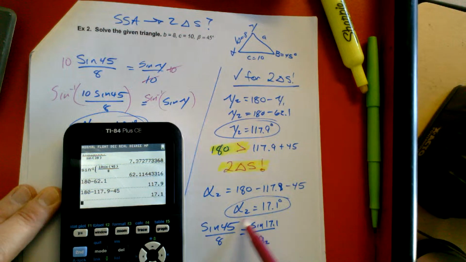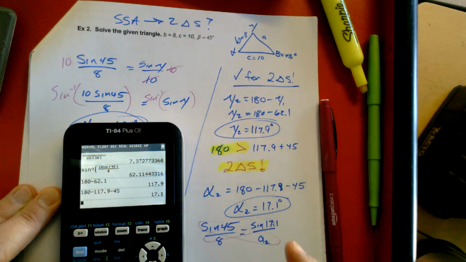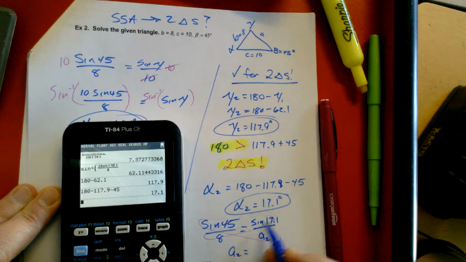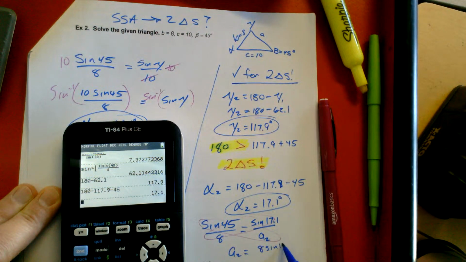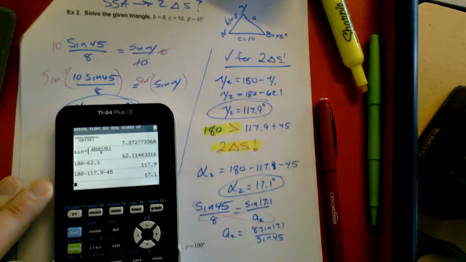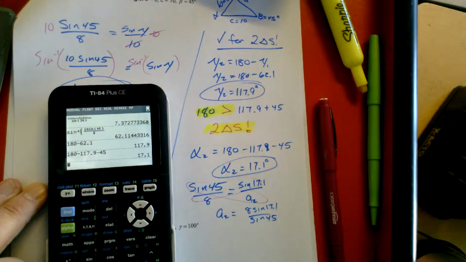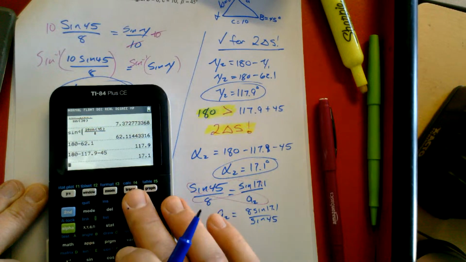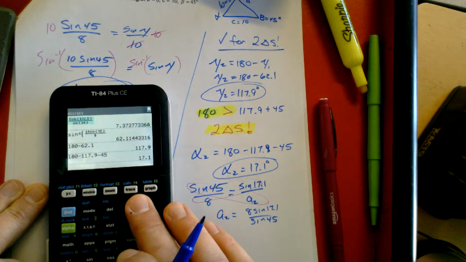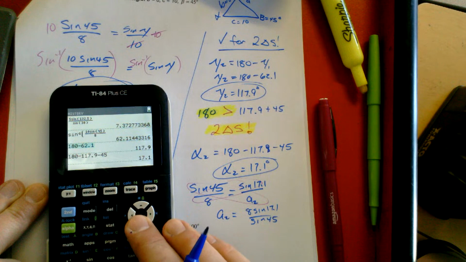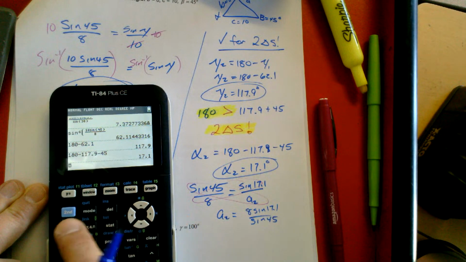Again, we do a little cross multiplying. Again, I don't need to see this work, guys. I think you guys can do this in your head. I would multiply both sides by 8 and the sine of 17.1, and then I would divide by the sine of 45. And then I can just throw that in the calc. Start fresh here.